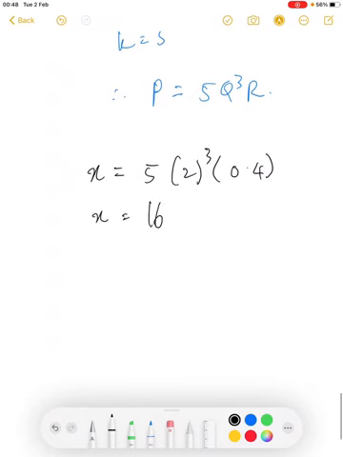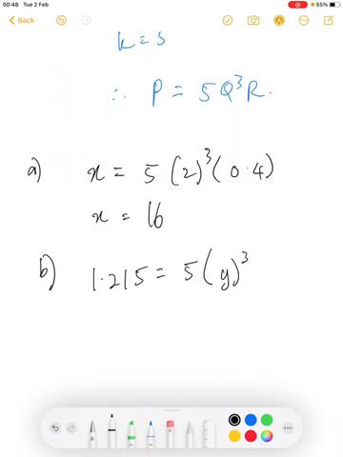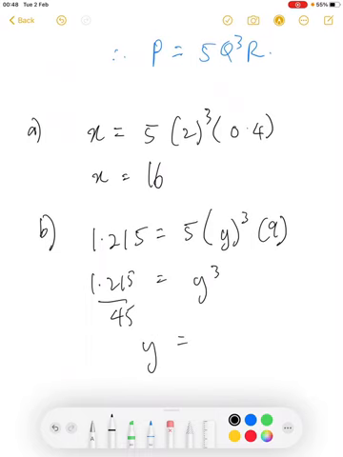Okay, as for Y, 1.215 equals to 5 Y cube times 9, 45 Y cube. So Y equals to the cube root of 0.027 equals to 0.3. Okay, so that's all for self practice 1.1C.